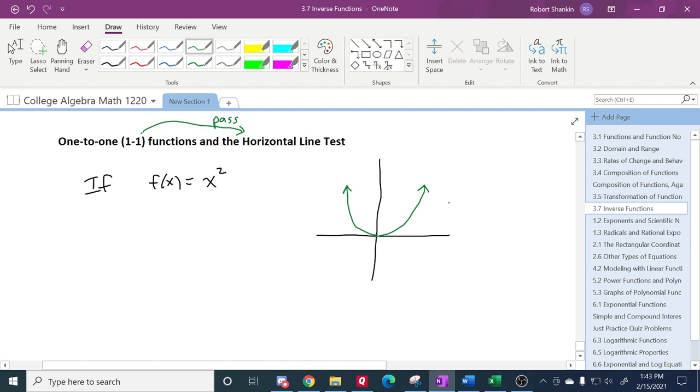Any horizontal line will hit it only one time. So this is not a one-to-one function. It fails the horizontal line test.